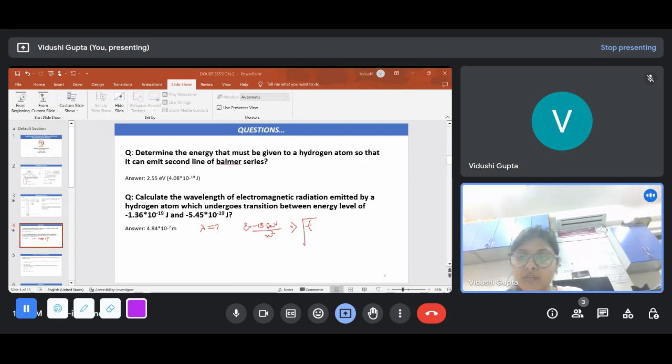So we know the formula now. Velocity will be equal to h upon 4 pi del x into m. Now substitute the values.